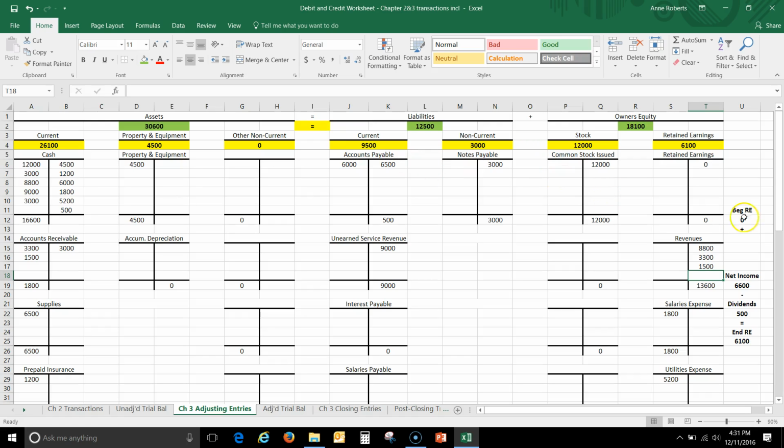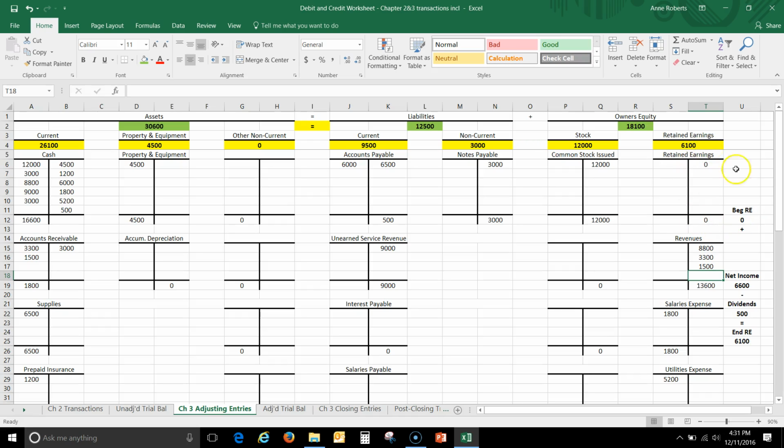And notice what happens. This cell right here comes back to equals to let you know that both sides of the entry were indeed made. All right. Now remember, when we're putting together financial statements, we're going to look at this in just a little bit. The equity statement is beginning retained earnings plus net income or minus net loss minus the dividends equals the ending retained earnings. So right now, notice what happens. The retained earnings balance that is listed right here is the ending retained earnings balance.